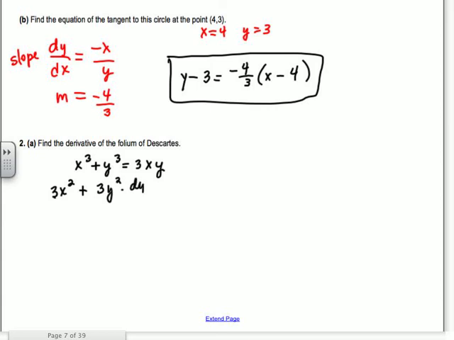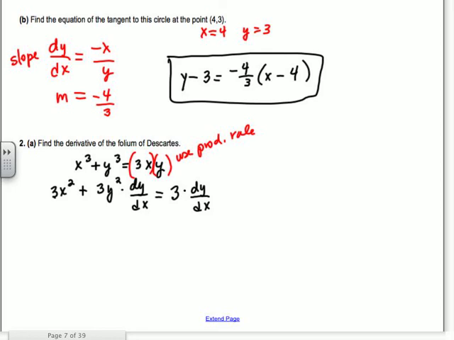Plus 3y squared dy over dx equals, how do I find the derivative of 3xy? Not just 3, not 0. Use the product rule, right? So separate it into like 3x times y. So the derivative of 3x is 3 times y, plus 3x times the derivative of y. So how do I write the derivative of y? dy over dx, right?